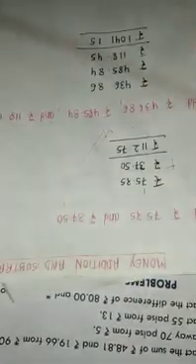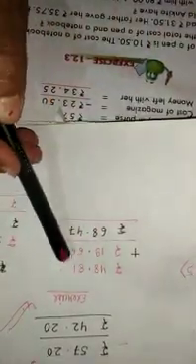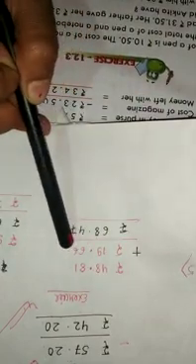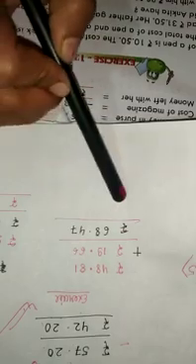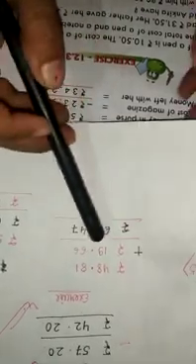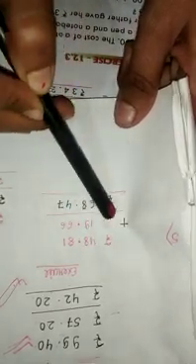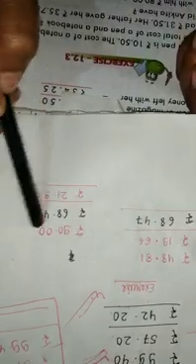So first we will find the sum of rupees 48.81 and rupees 19.66. Now this is the sum. It is said subtract the sum of these from rupees 90.